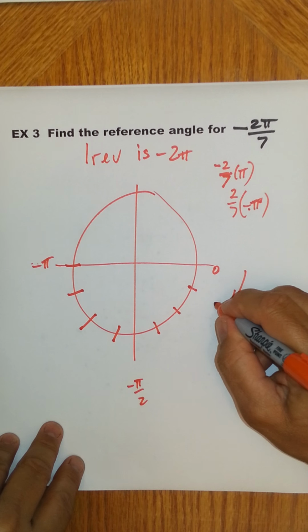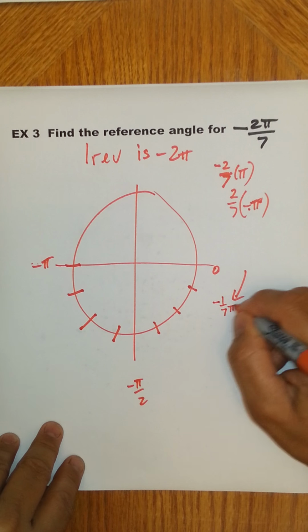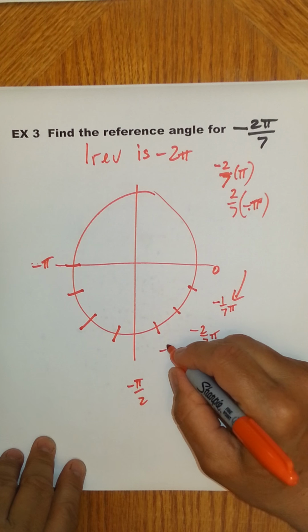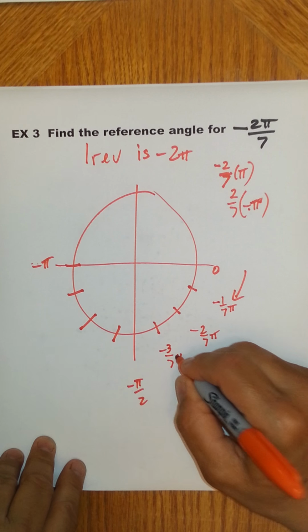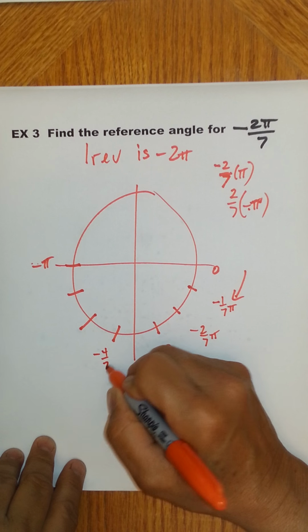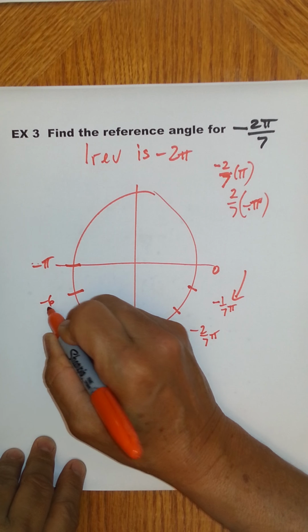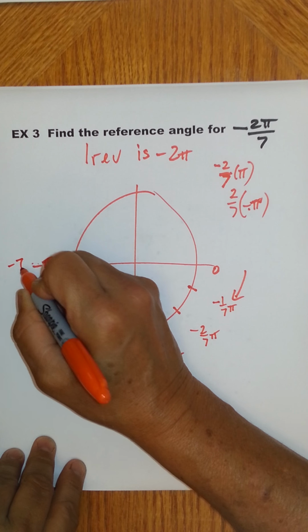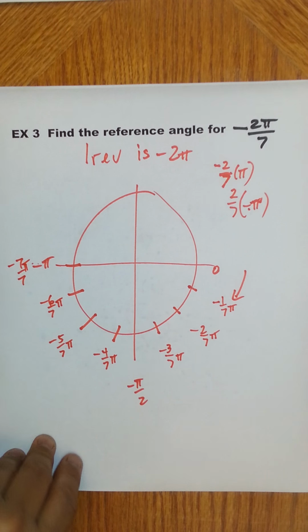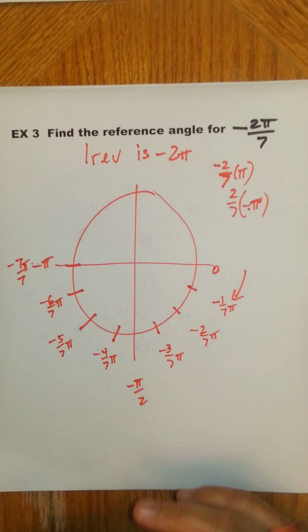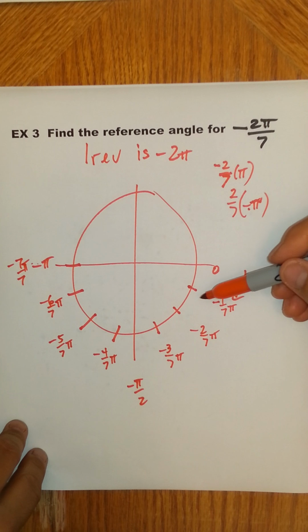So technically this is negative 1/7 pi, negative 2/7 pi, we already found our angle, negative 3/7 pi, negative 4/7 pi, negative 5/7 pi, negative 6/7 pi, and here negative 7/7 pi, which is negative 1 pi. So we've already found this. I just went beyond what we needed to, but just to show you.